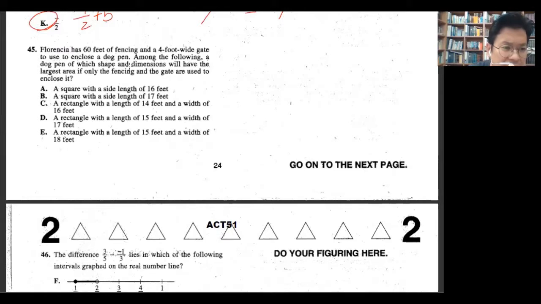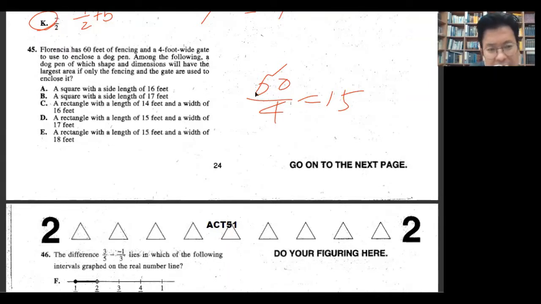And then for Valencia, testing 4 feet wide using dog 10. Following dog 10 shape dimension, largest area. This is a square. A square is always largest. So you have 60, so 60 divided by 4, which is 15. Square side. 4 foot 8.